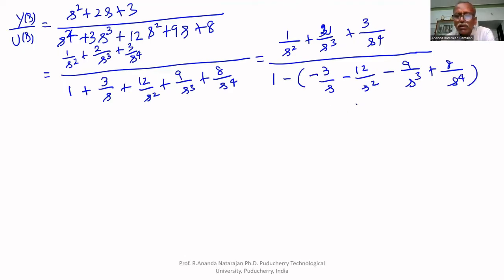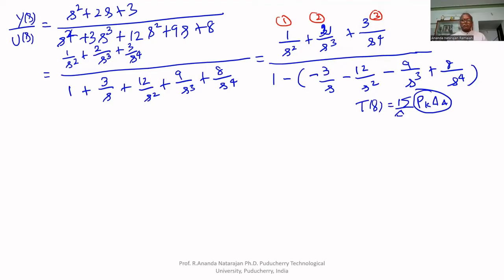What is Mason's gain formula? T of s equals 1 by delta, sum of P_k delta_k. The number of forward paths: first forward path, second forward path, third forward path. The denominator delta is in the denominator. This is the first loop, second loop, third loop, fourth loop.